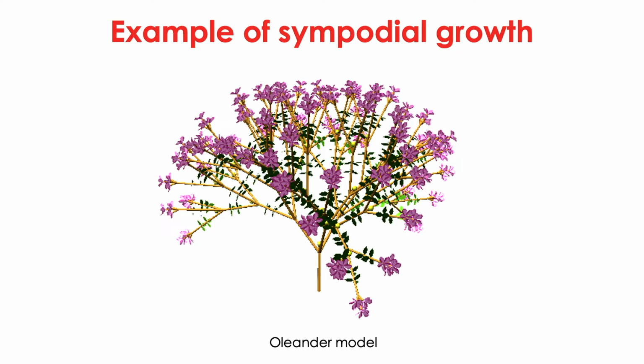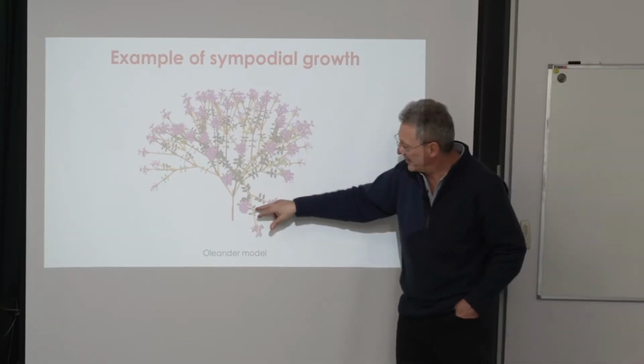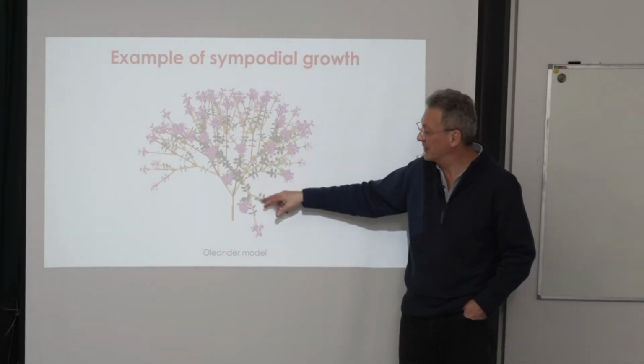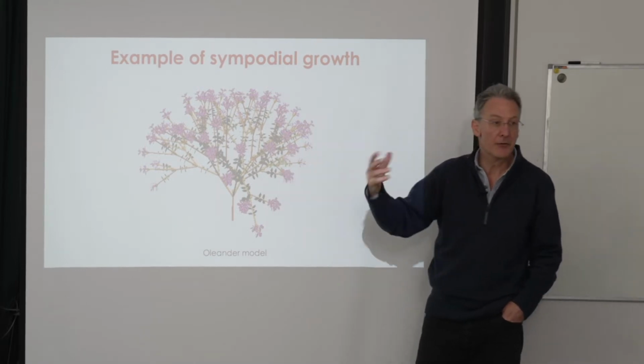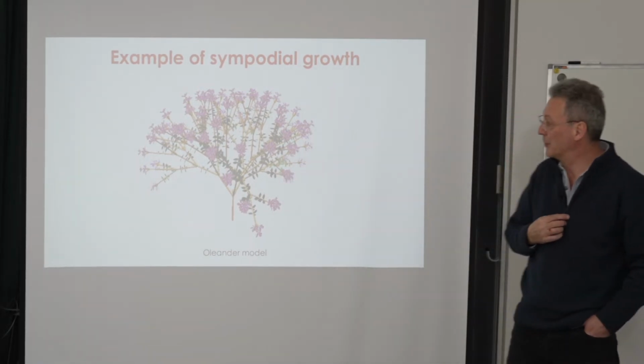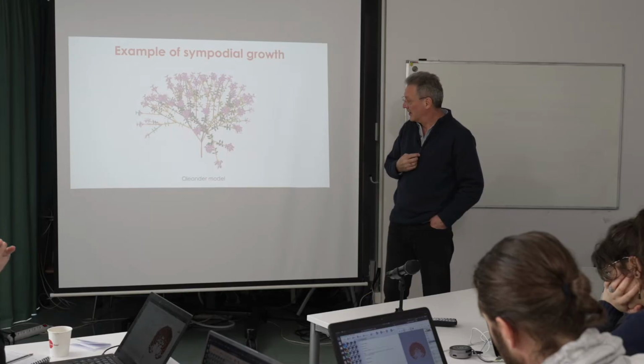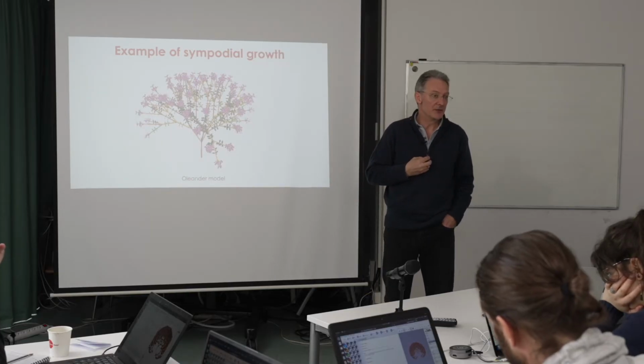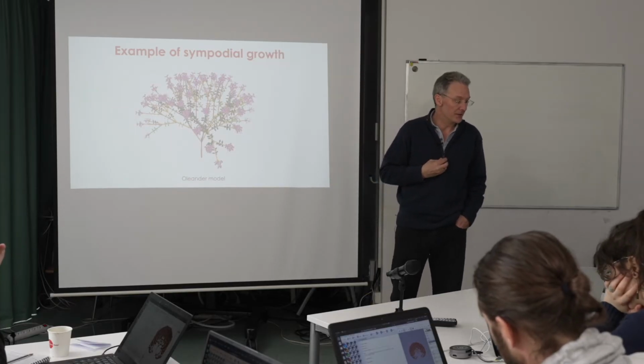So this is the type of plant. It's not very polished, but this was done by high school students when they worked on the flowers and the leaves and how the overall structure should appear. And it is oleander. In French it is laurier rose.